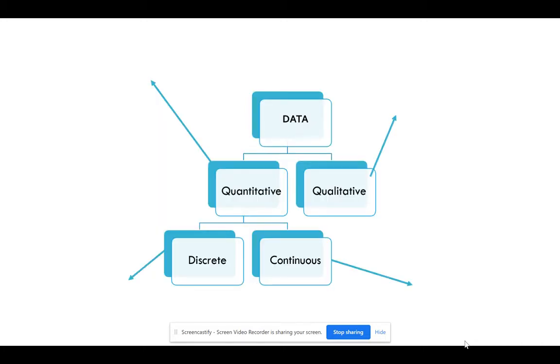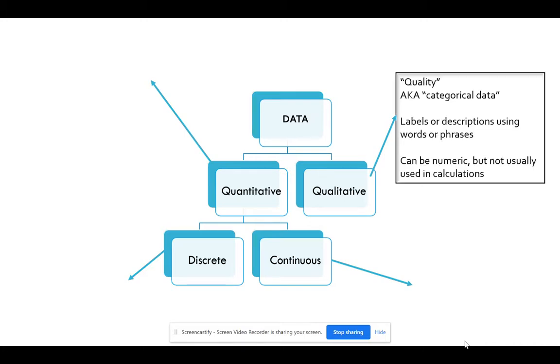One method for classifying data is by type, and this flow chart, or diagram, shows you how it breaks down. Data can be classified either as qualitative or quantitative.